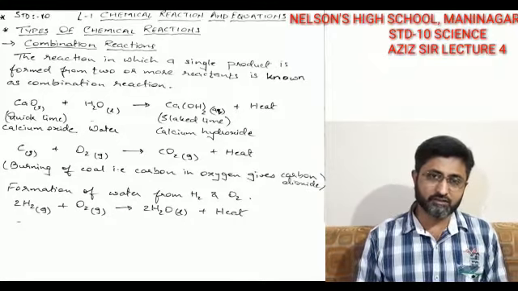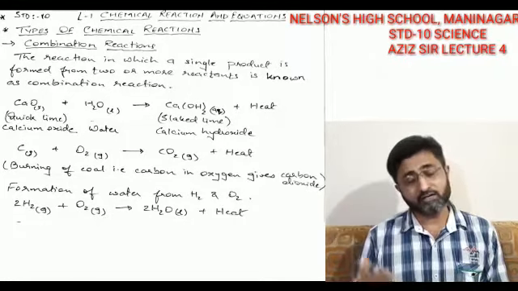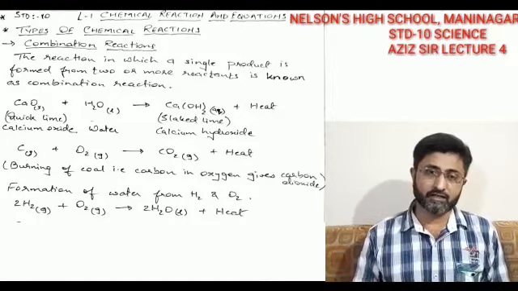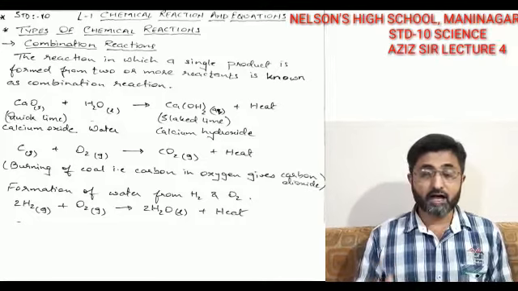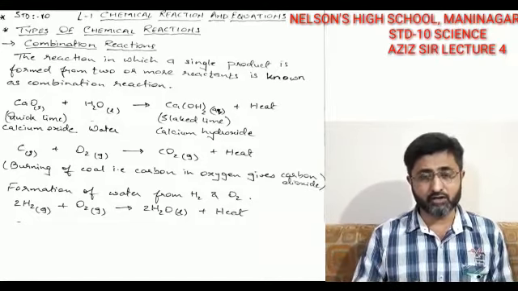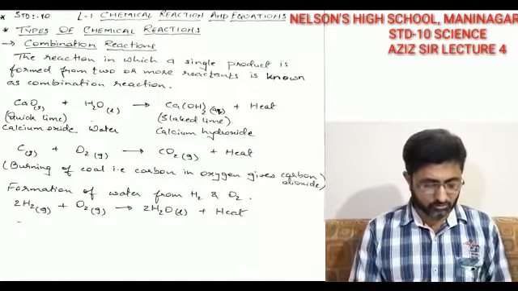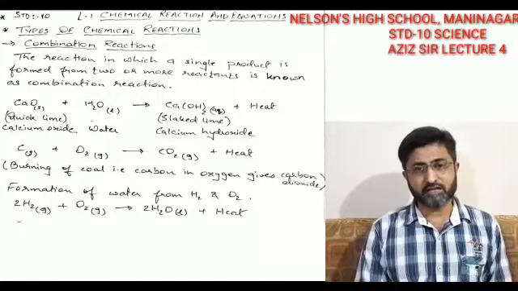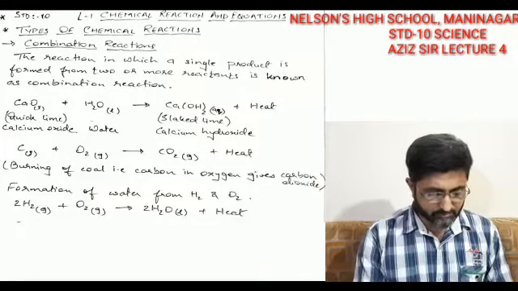In the second reaction we saw that carbon reacts in the presence of oxygen to give carbon dioxide and heat was produced. And in the third reaction, hydrogen combines with oxygen forming water. So these three reactions, which we have taken as examples, show the combination reaction.